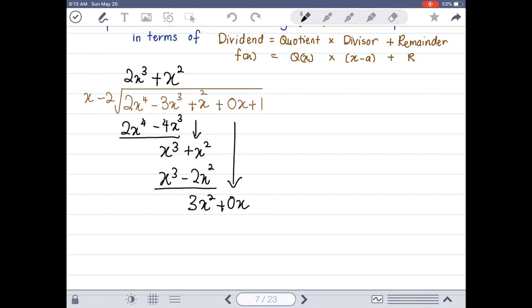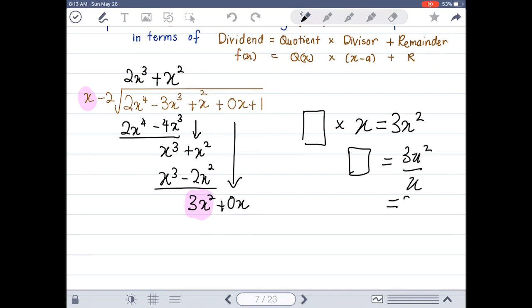Okay, what times x should get 3x squared? So that is just 3x squared divided by x. So 3x.